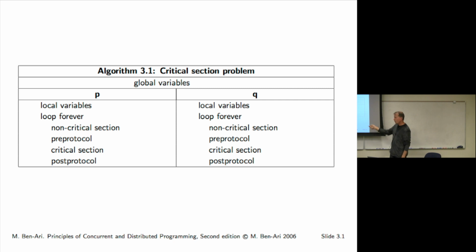We need to design the pre-protocol in such a way that two people can't enter this critical section at the same time. So if P is in its critical section, Q is not in its critical section. You see what I mean? And then, after we do that, it's okay to let someone else enter the critical section. So we have a post-protocol in each one that executes after we're done with the critical section.